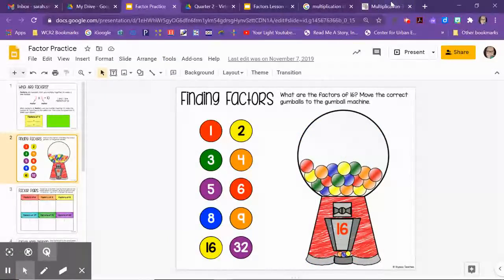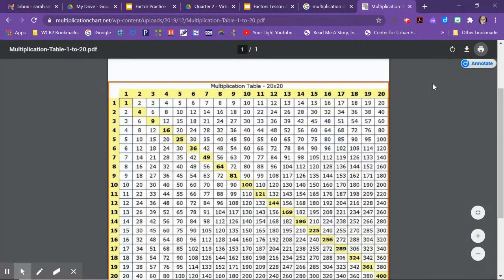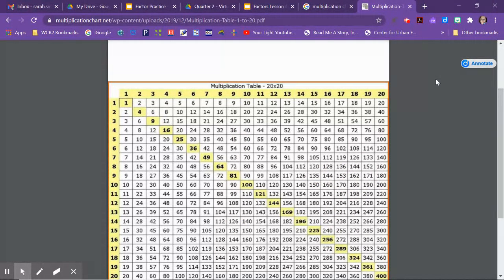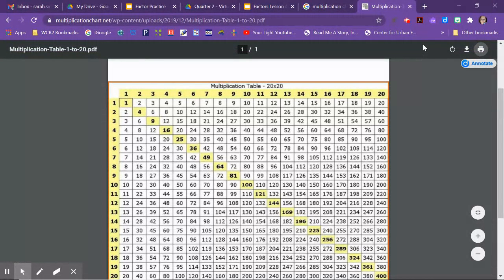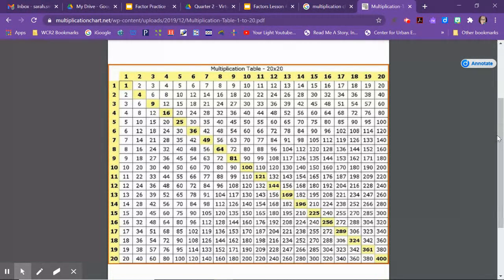All right. So now what I'm going to look at here with you is the multiplication table. This is actually linked on the Explore slide there. And what I wanted to show you is how to use this multiplication table to your advantage. So if you can't print it off at home, then definitely just having it open as a tab will be useful to you.